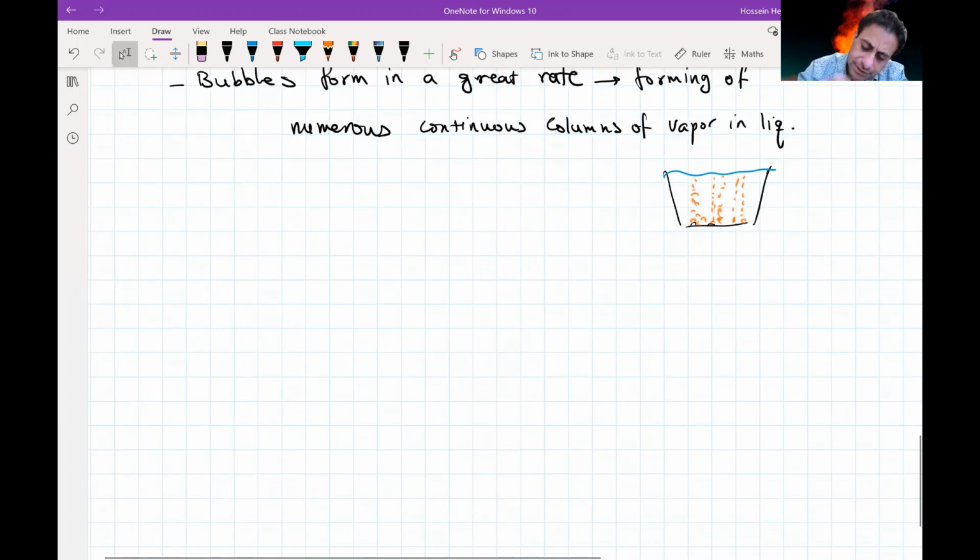The reason for that is the coverage of part of the surface by the bubbles.